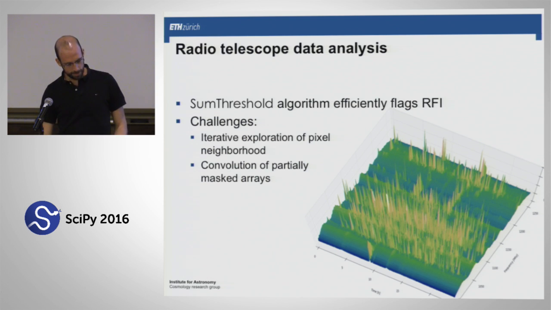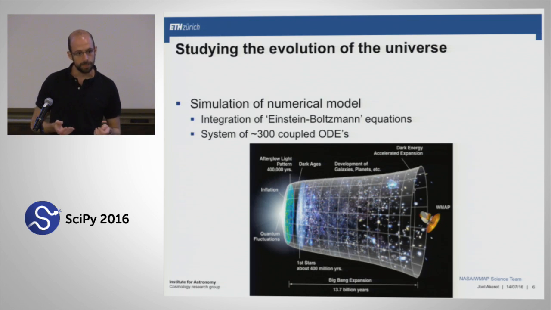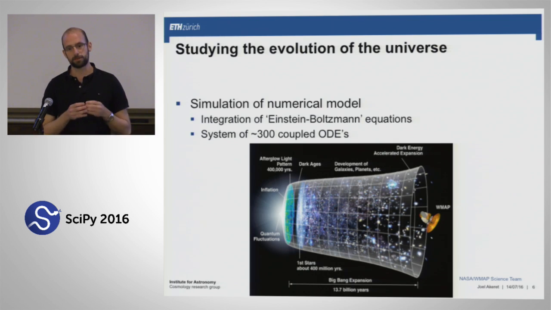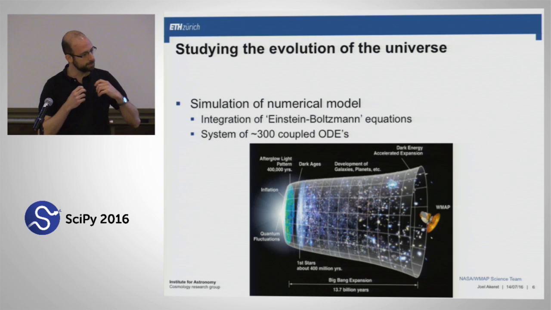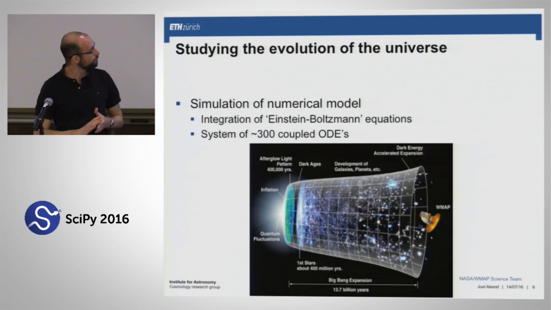The second example that we've been working on is in cosmology, where we want to study the evolution of the universe. What we do there, we have a numerical model that is describing how the universe evolved from the very beginning, from the Big Bang, how it expanded and evolved over time to what it is today. I'm not going to go too much into details.